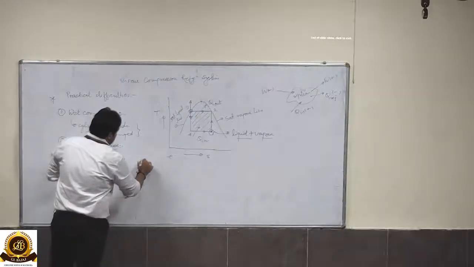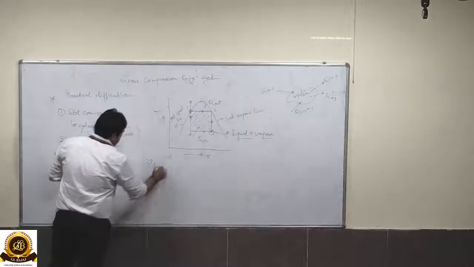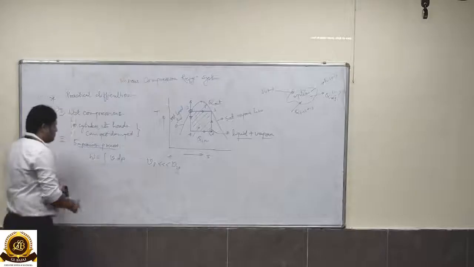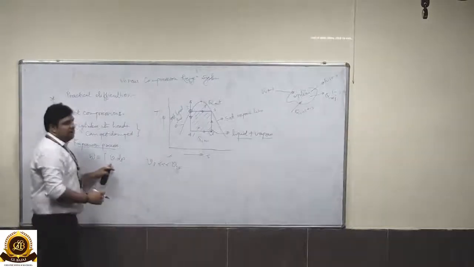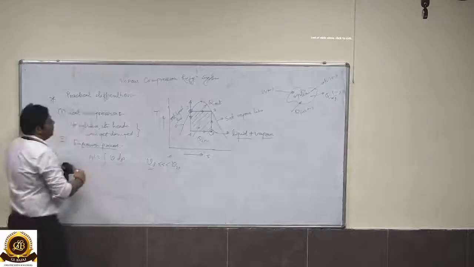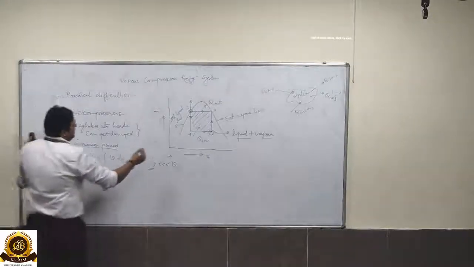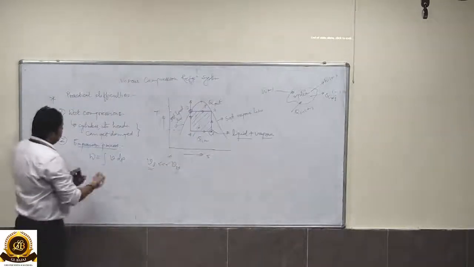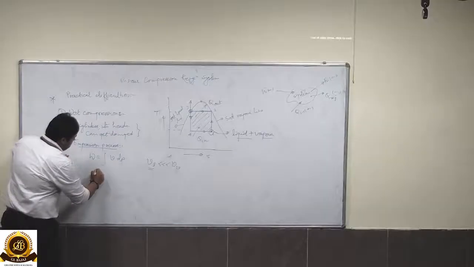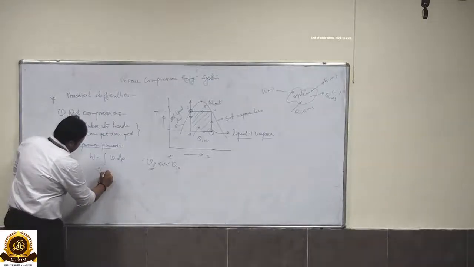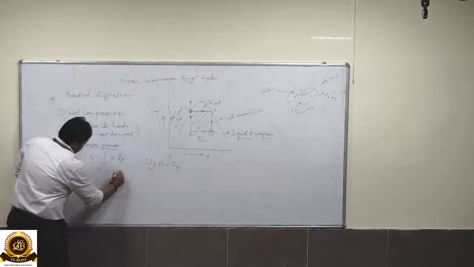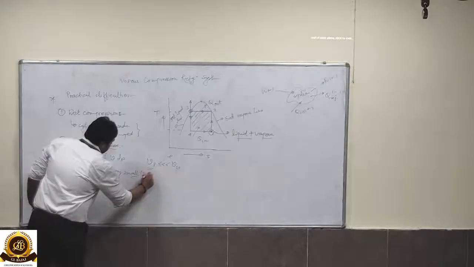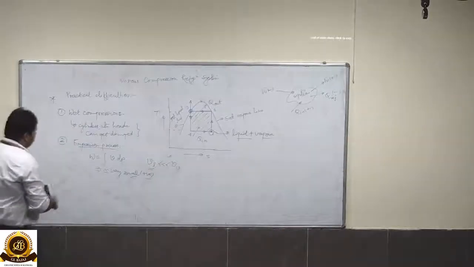Since we know that the volume of the liquid is far less as compared to the volume of the vapor, and we have to expand the liquid part, for the same pressure difference, that is between the condenser pressure and the evaporator pressure, the work being produced is very small, which is obviously a positive work because a turbine is a work producing device.